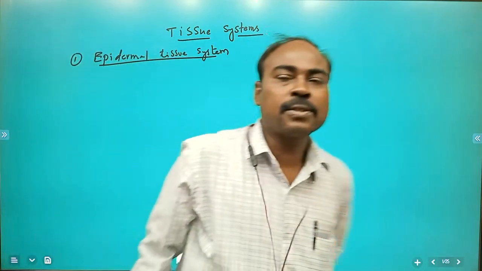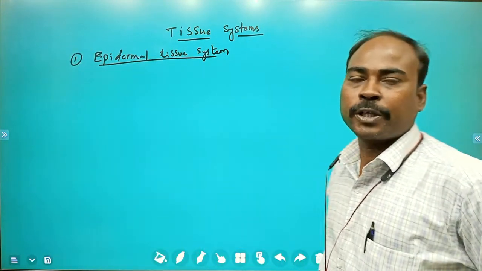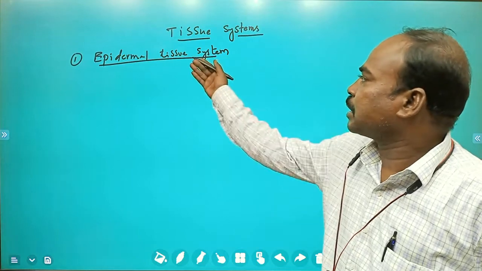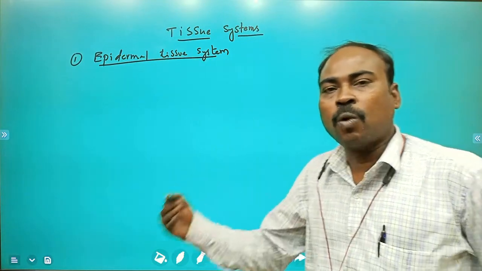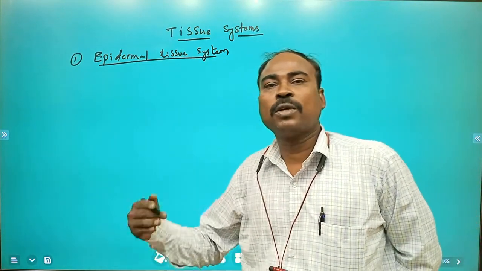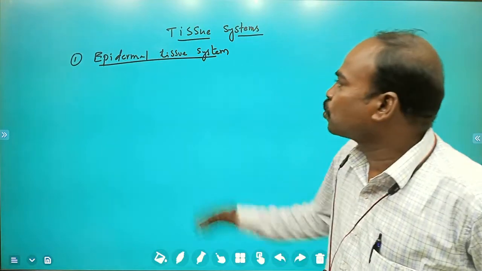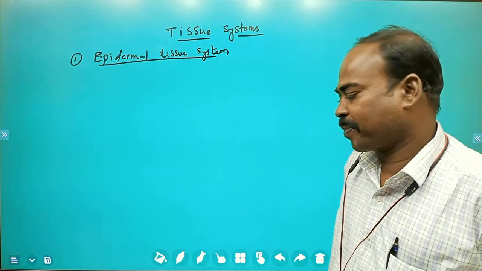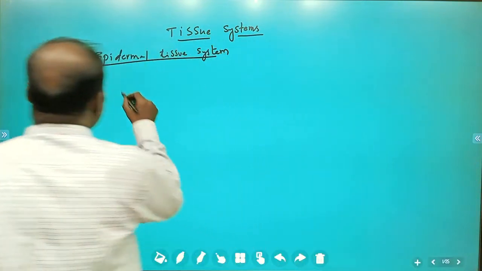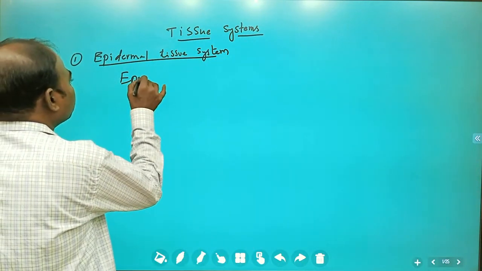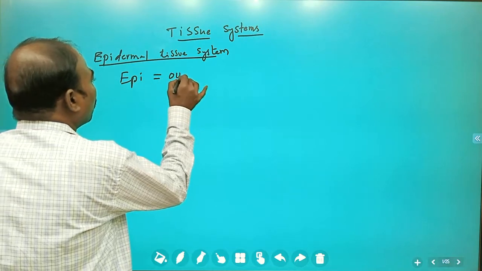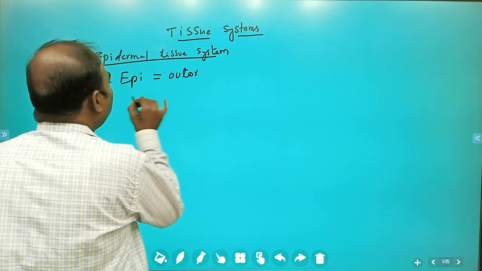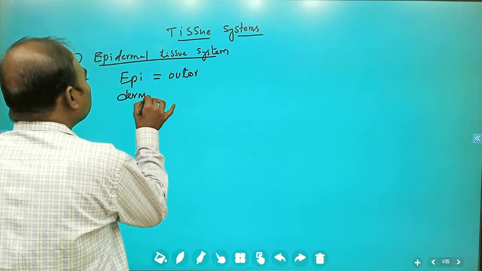So, in the previous class, we gave a list of tissue systems. That is epidermal tissue system, ground tissue system, and vascular tissue system, right? So in these, first of all, the epidermal tissue system. Epi means outer, derma means skin.